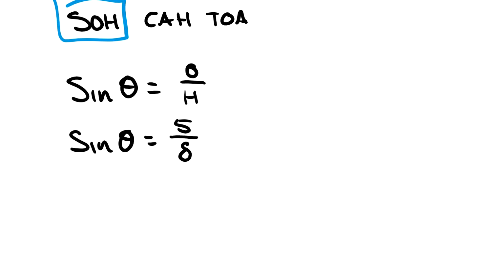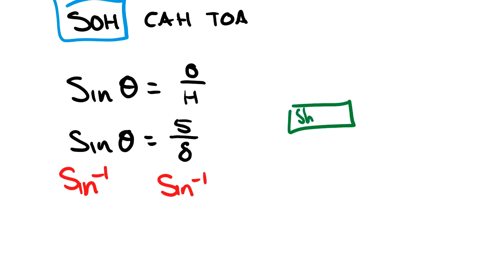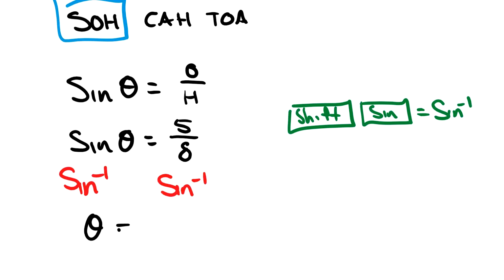At this point, what we need to do is remove our sine, and we do that by using what we call inverse sine. Inverse sine, if you have a Casio calculator, is you press the shift button, and then you press the sine button, and that's going to give you inverse sine. So theta is going to be inverse sine 5 over 8.